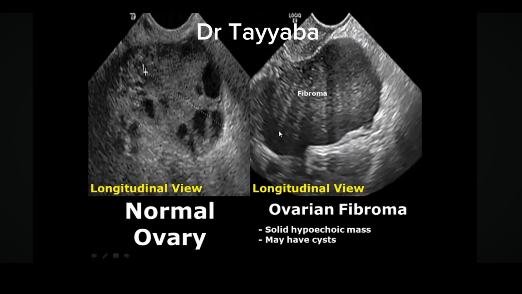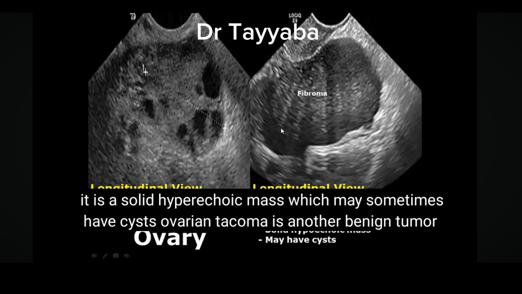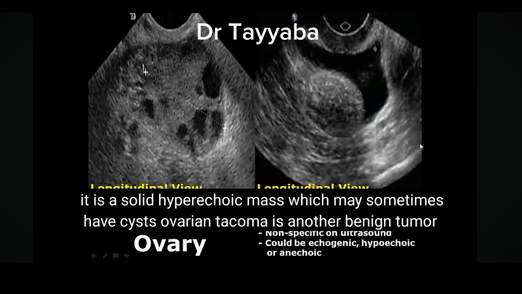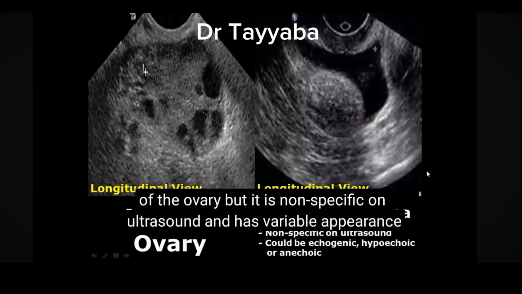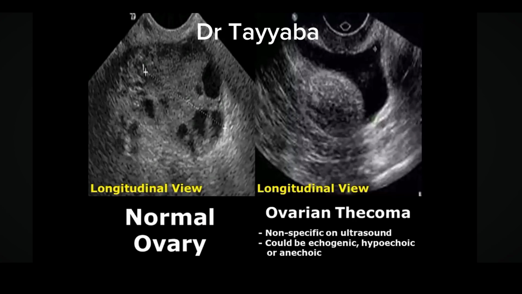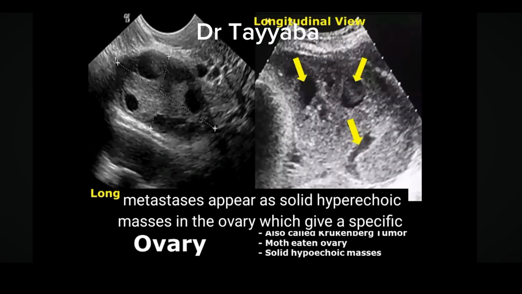Ovarian fibroma is a benign tumor of the ovary. It is a solid hyperechoic mass which may sometimes have cystic components. Ovarian thecoma is another benign tumor of the ovary, but it is non-specific on ultrasound and has a variable appearance.